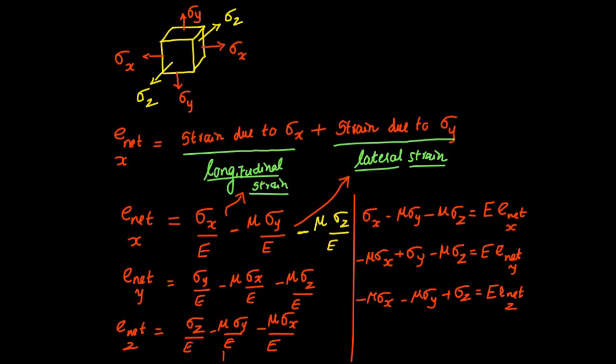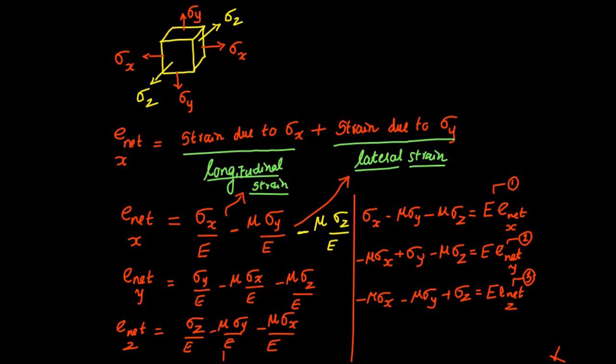Okay, now what I will say is I have three equations now. Equation 1, 2 and equation 3. I'm going to solve the three equations for the three unknowns. The unknowns here are sigma x, sigma y, sigma z.